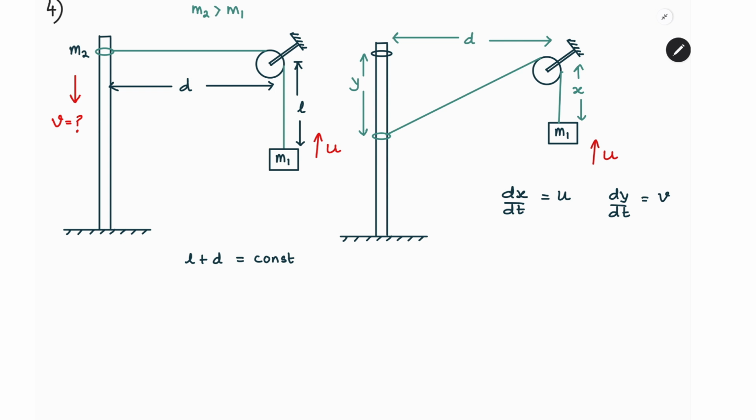Now the total length of the string is constant, so the distance x plus this portion, root under y square plus d square, must be a constant.